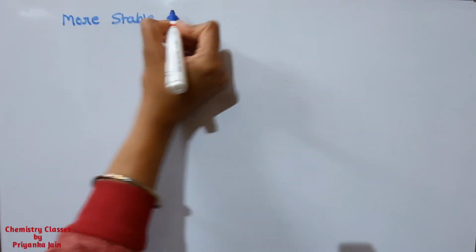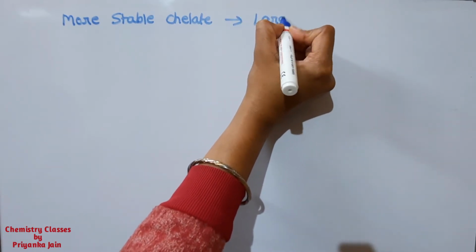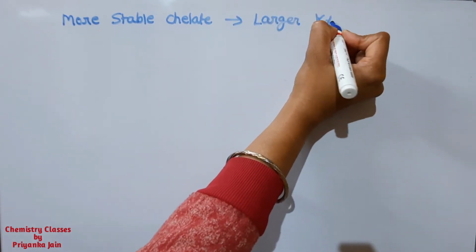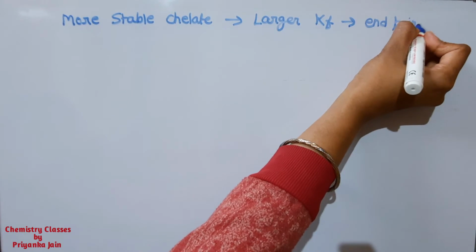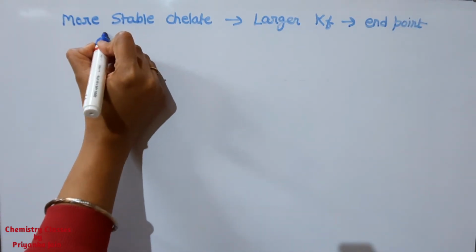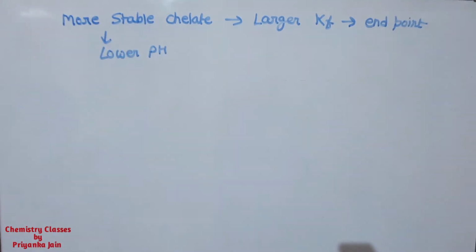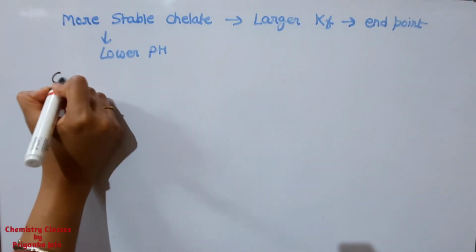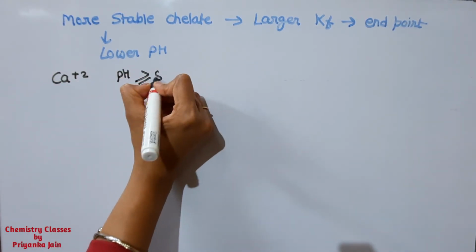We can say the more stable a chelate, the larger will be its formation constant, and larger will be the end point. And the more stable a chelate, the lower will be the pH at which we can carry out the titration. In the case of some ions like Ca+2, it requires a pH of greater than or equal to 8.